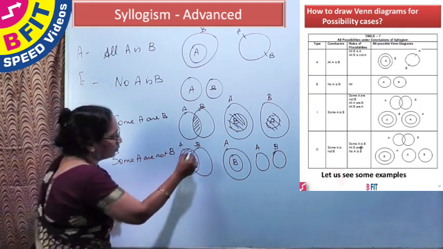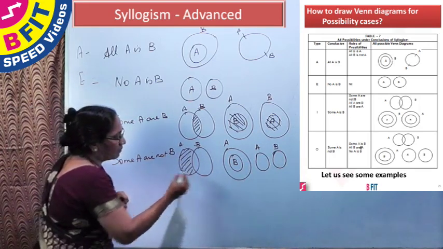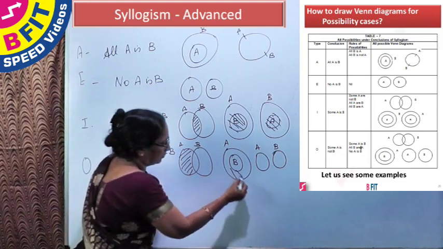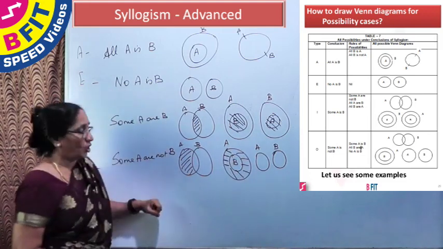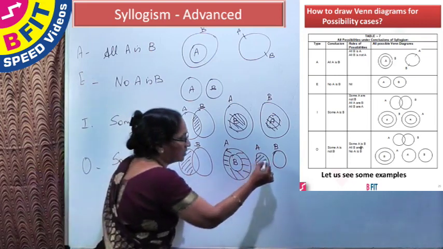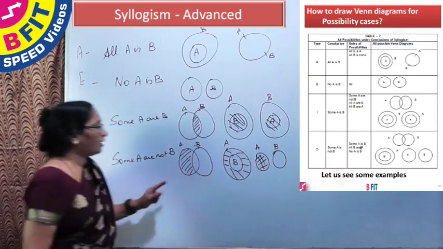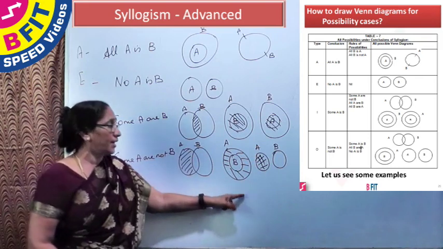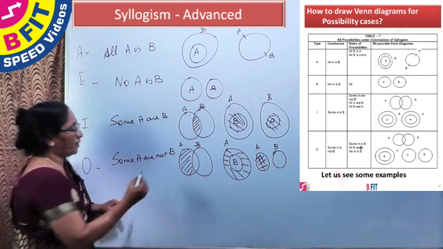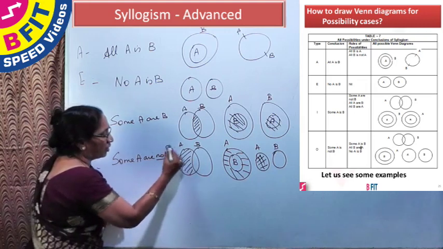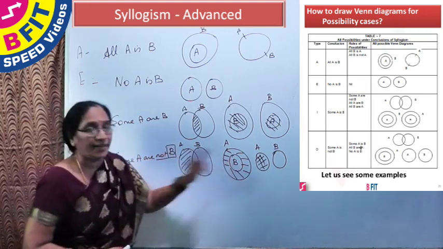This will be that portion of A which are not B, and here this is A which are not B. We'll have to be careful while drawing this diagram some A are not B in the second case. We should remember whatever is coming after not should come inside.